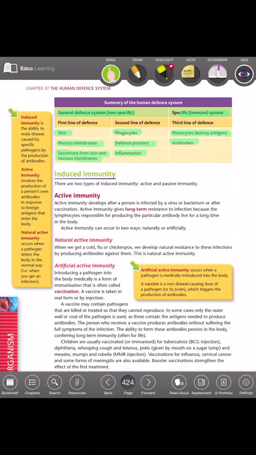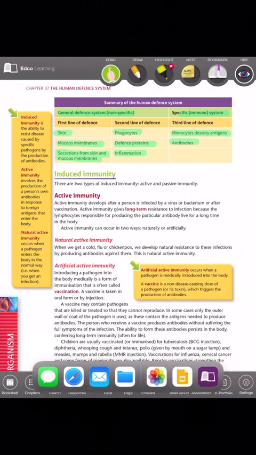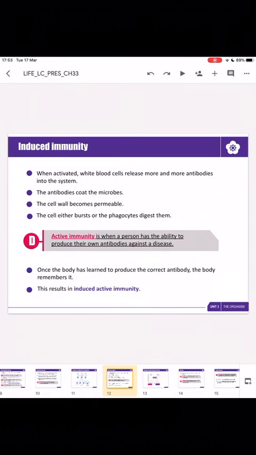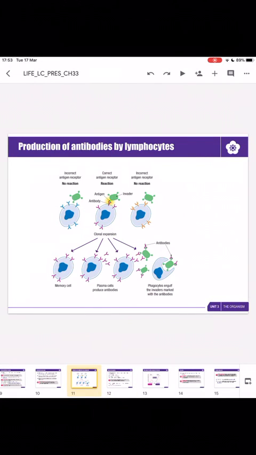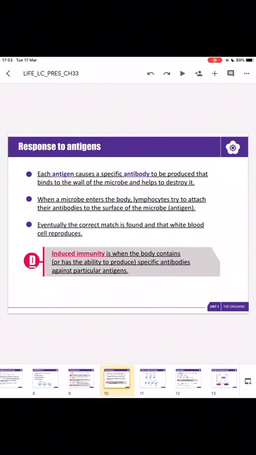So the next thing we are going to be looking at is induced immunity. Now, before we move on to that, just to revise on what we have gone through again today. So we started off here on this slide. So you have immunity, what an antigen is, your lymphocytes, where they're located, what antibodies are, how antibodies and antigens actually work together, and what induced immunity is.